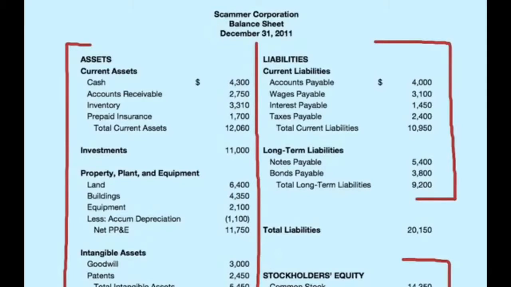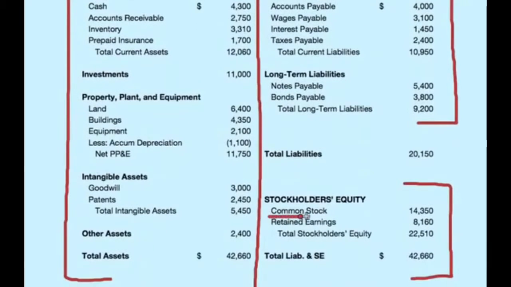So if the company issued a bunch of stock to pay for their inventory and their prepaid insurance and a piece of land, then that's what this number right here is representing, that the company issued stock to pay for those portions of the assets, and that's accounted for in the stockholders' equity.